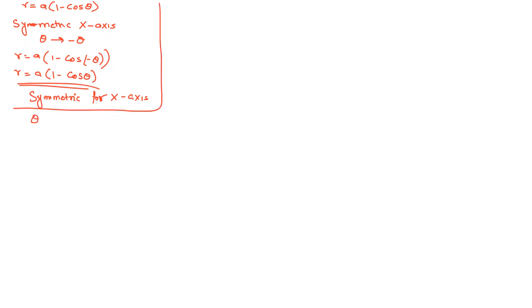For y-axis, you have to replace theta with pi minus theta. Okay, so R is equal to A into 1 minus cosine of pi minus theta. When you put the formula, that is equal to A into 1 minus cosine of alpha minus beta, cosine of alpha, cosine of beta plus sine of alpha and sine of beta.